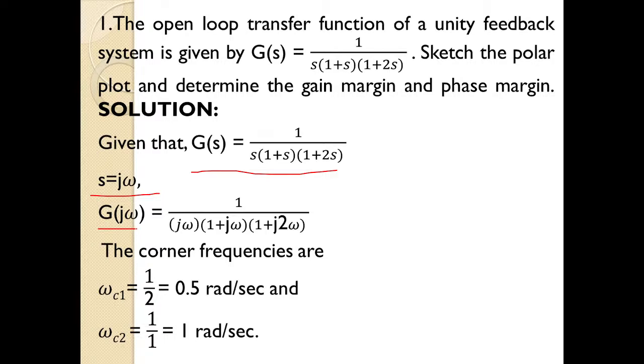If you replace s by j omega, G of j omega, you will get 1 by j omega into (1 plus j omega) into (1 plus j2 omega).